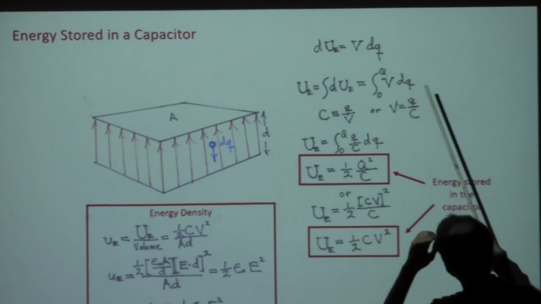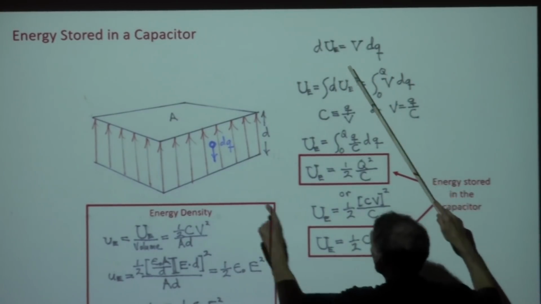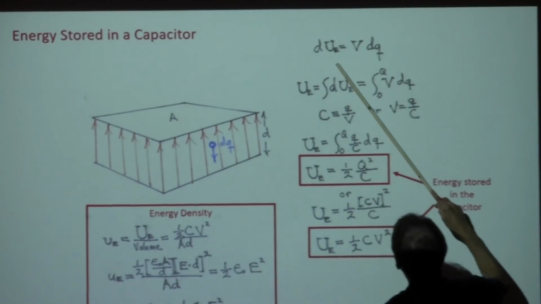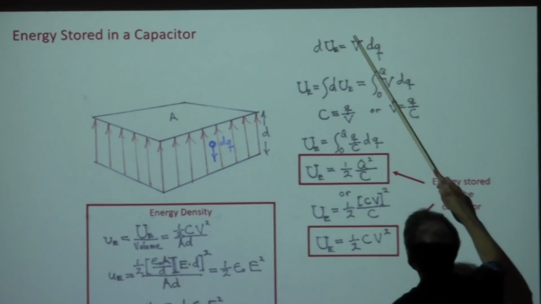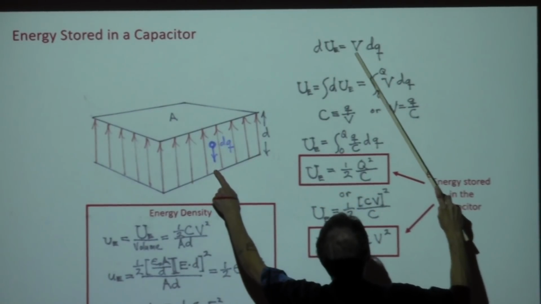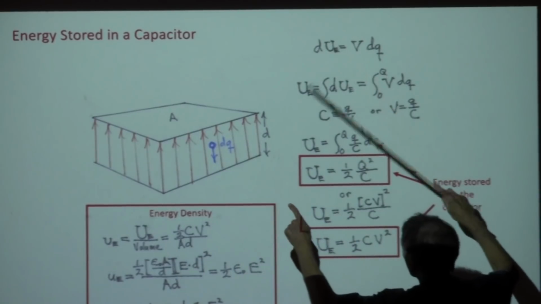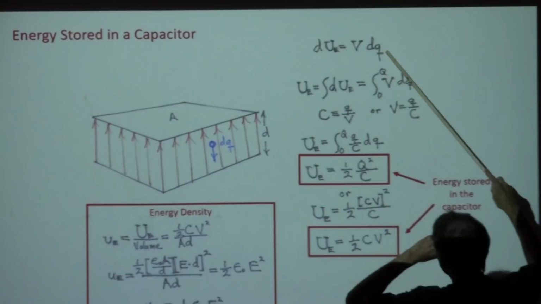And the little bit of change in electric potential energy will be equal to the charge times the potential between these two plates. It really should have had a delta V there, the difference between these two, times dq.